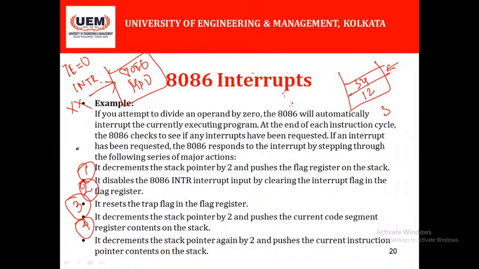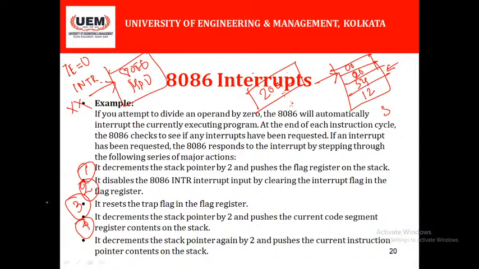Now it pushes the content of the code segment register onto the stack. Suppose the value of the code segment is 2000, so 20 first, then 00 will be pushed into the stack. Now the stack pointer is pointing to the top element, which is 00.